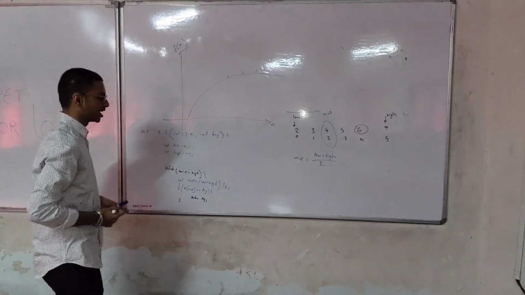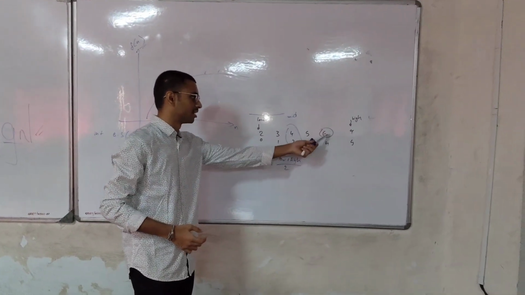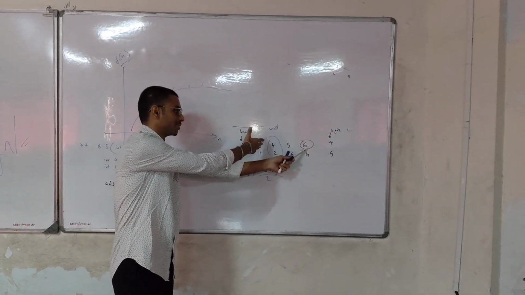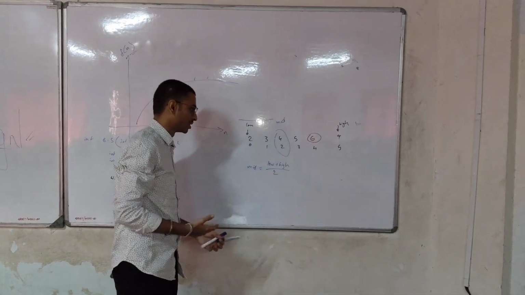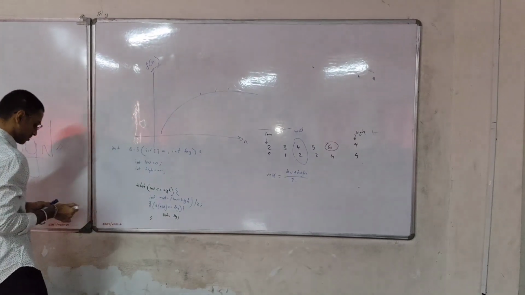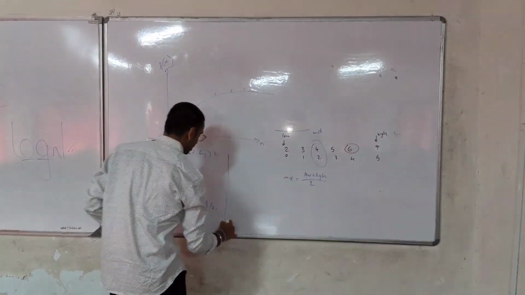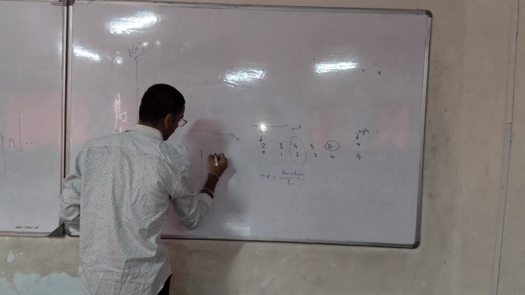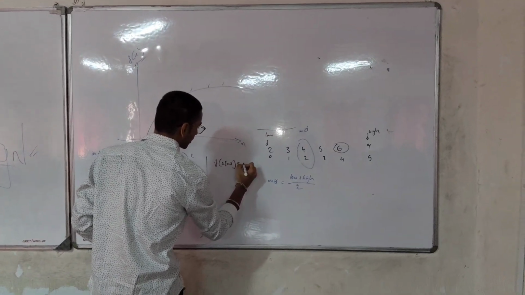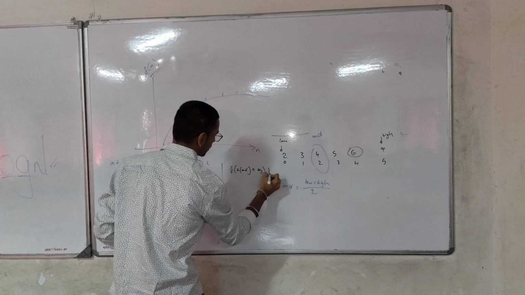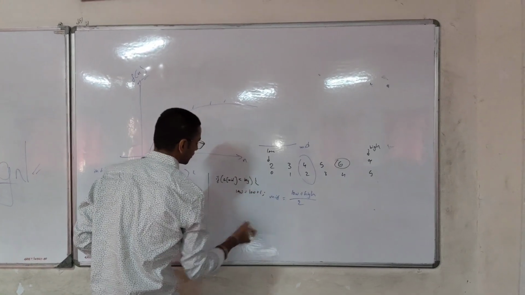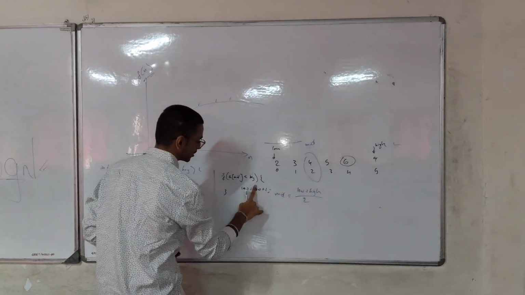Now, let's say my a of mid is less than the element I'm searching for. So we do not search for that element towards the left of mid, right? So let me just update the low value to mid plus 1. So the code goes like, if a of mid is less than key, the low value is going to be, sorry, mid plus 1.